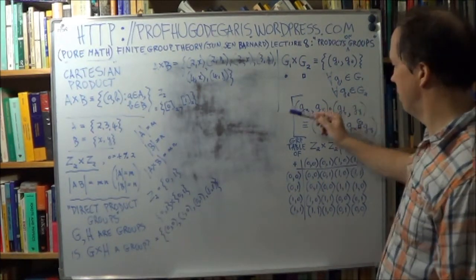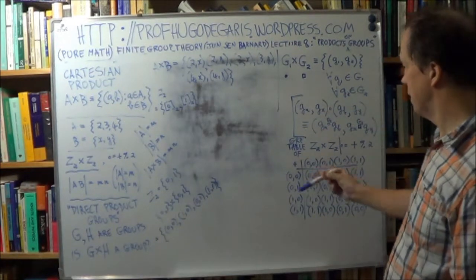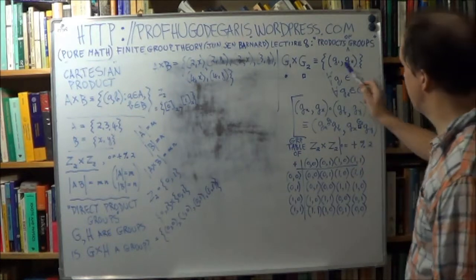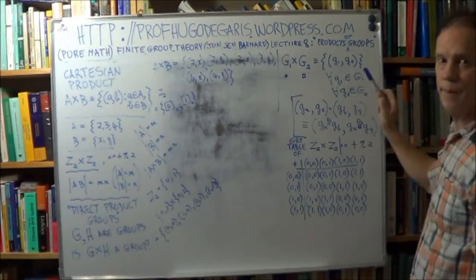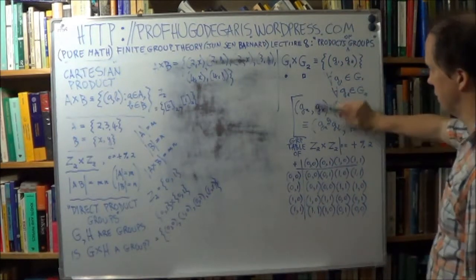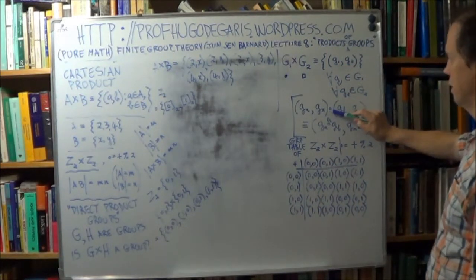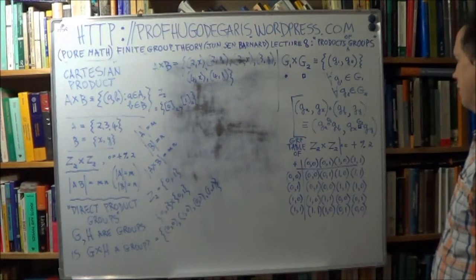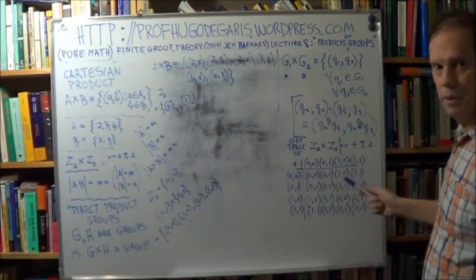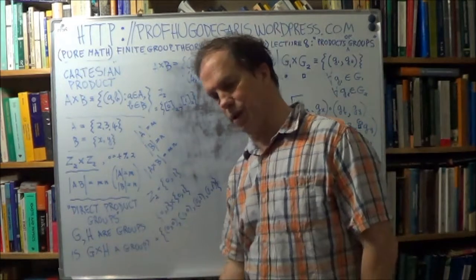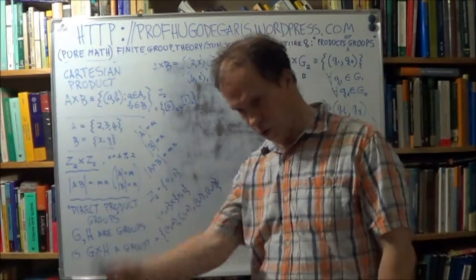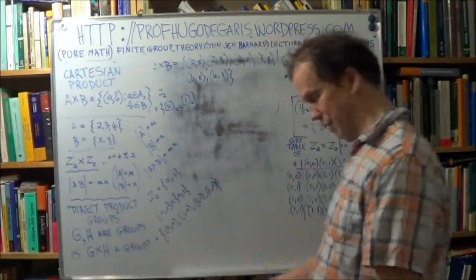We're trying to show that using this binary operation on this set, the set of ordered pairs, gives you a group. So using this definition of a binary operation, let's create a group table, because from the group table you can start seeing possible inverses and the unit and closure and associativity and all that stuff.